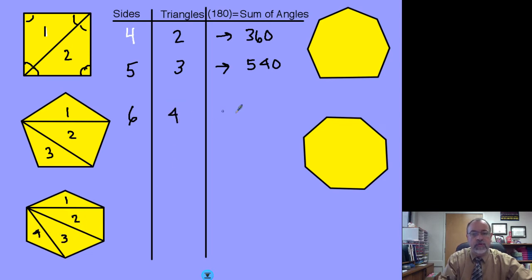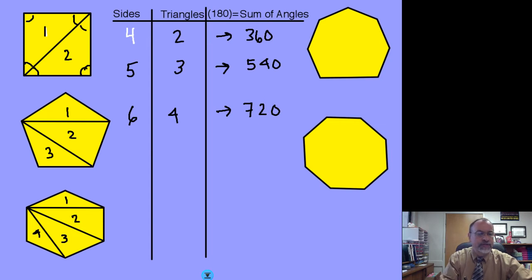So there'd be 4, and I know there's 180 in each triangle, so if I multiply 180 by 4, I'm going to get 620. No, that's not right. What am I going to get? I'm terrible at my math here. 480 and 320, that's going to be 720.